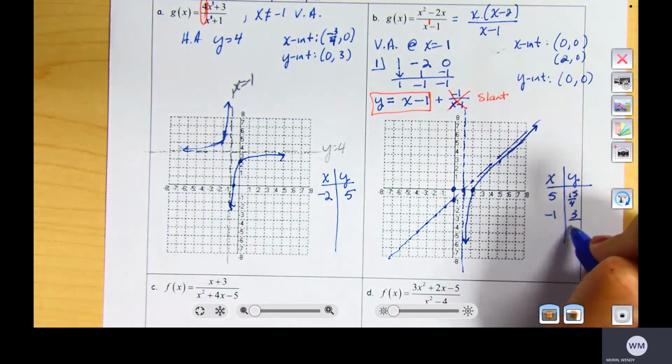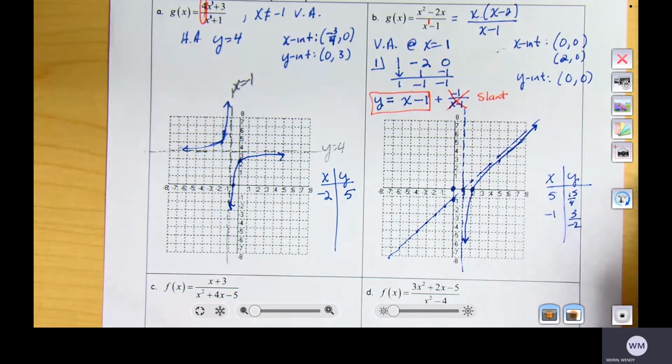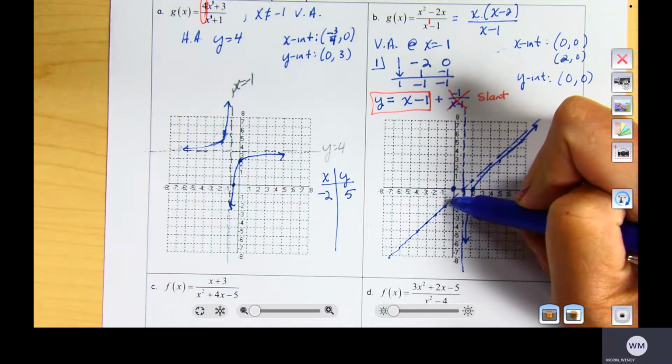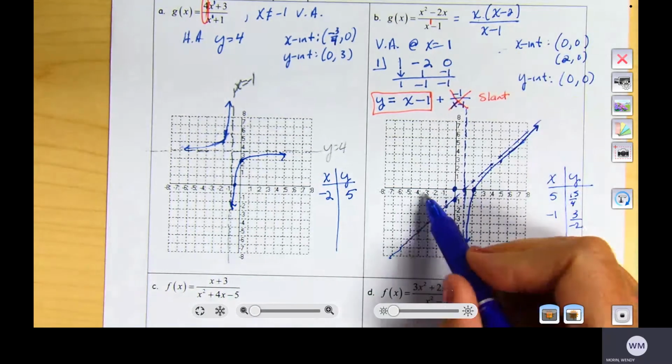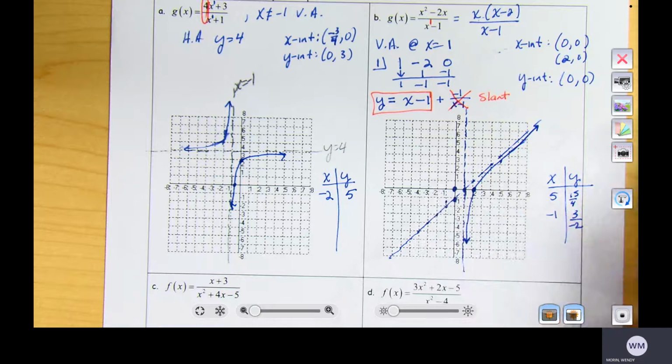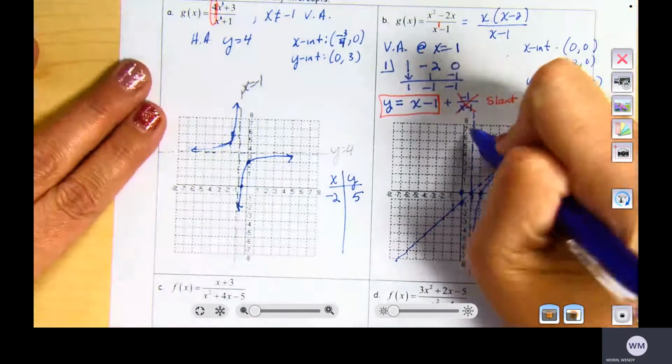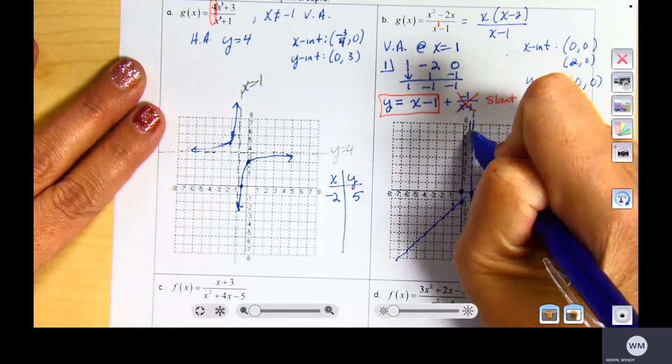So that's 3 divided by -2, so it's about -1.1. So I bet you if I plug in larger numbers, it's going to keep getting closer to this. And again, you can't cross the vertical asymptote. So we're going to try to make a nice smooth curve here.